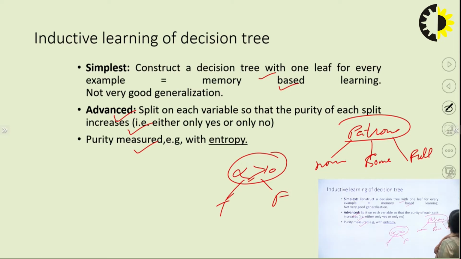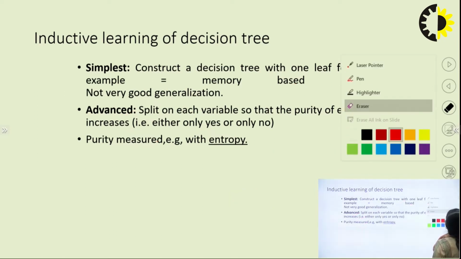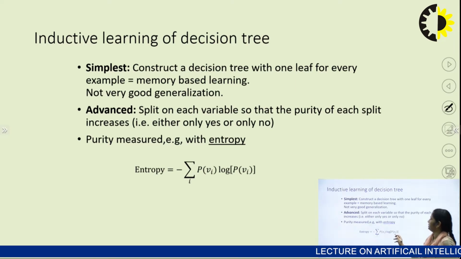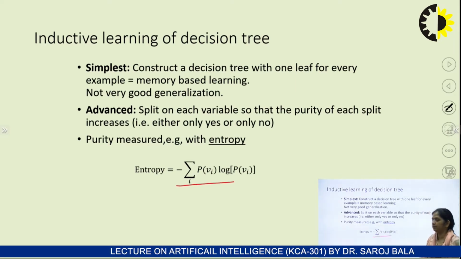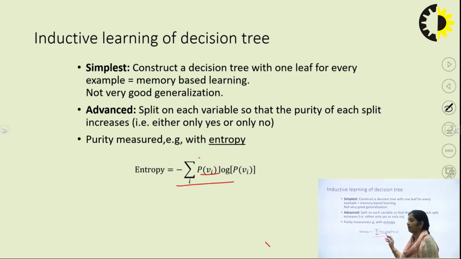So what is the entropy formula? As we discussed on the slide of the data set, entropy is the minus summation of the probability of Vi times log of the probability of Vi, with log to base 2. Okay, so this is entropy. Now we'll see how to work it out.